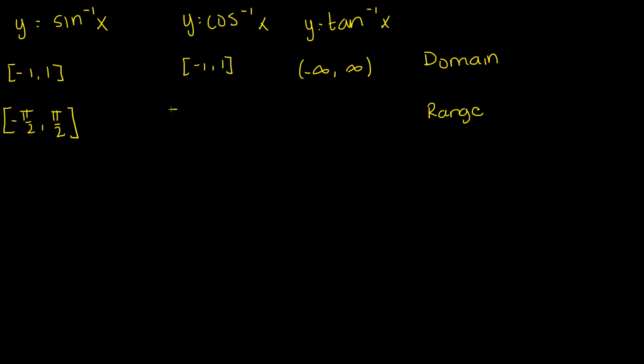For cosine, we're going to go from the peak to the valley, so from the maximum to the minimum, and that's from 0 to pi. And with tangent, we do have those vertical asymptotes that happen at -pi/2 and pi/2, so that becomes our range, because you're reversing your x's and your y's, you're reversing your domain and your ranges.